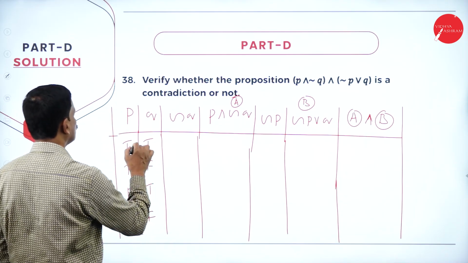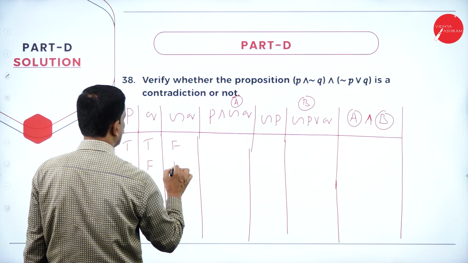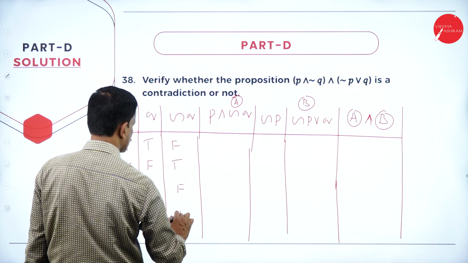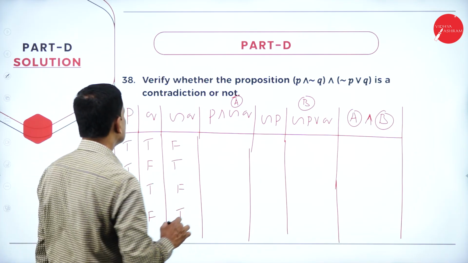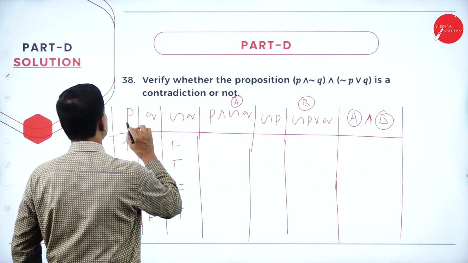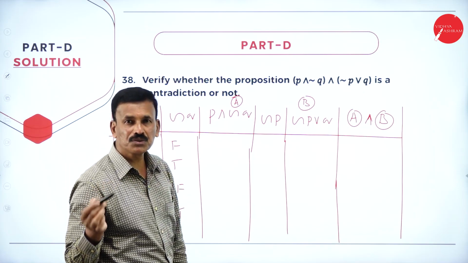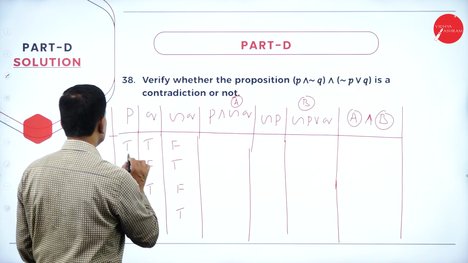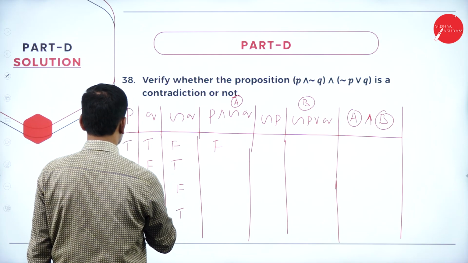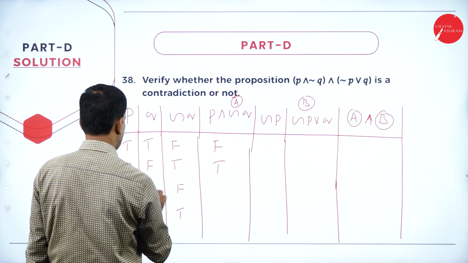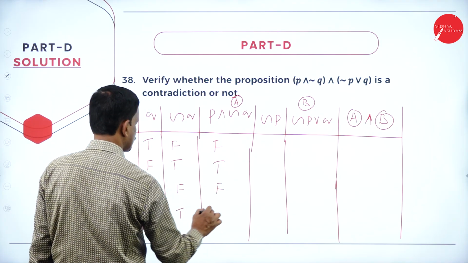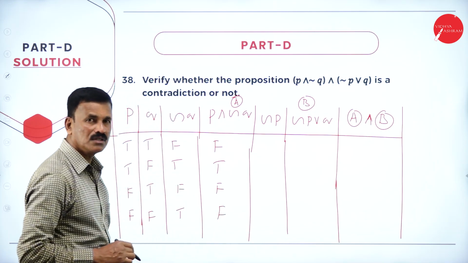Now, negation of Q. Negation of true is false, false is true, true is false, false is true. Next, P conjunction negation Q. Conjunction of P and negation Q: true and false is false, true and true is true, false and false is false, false and true is also false. That is the first part.